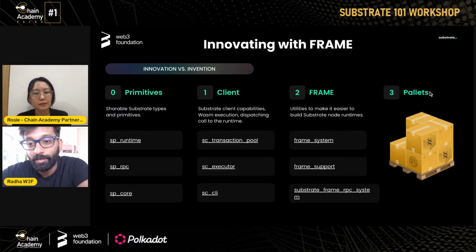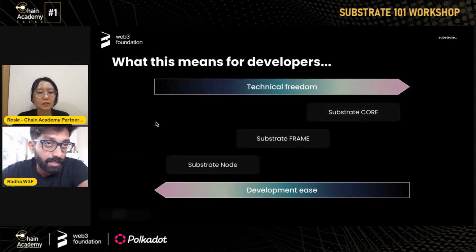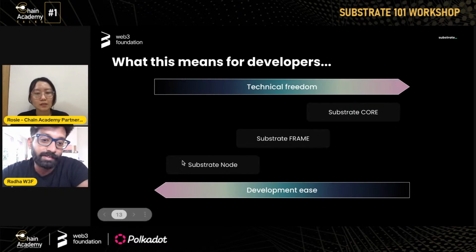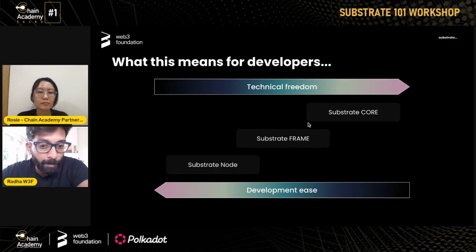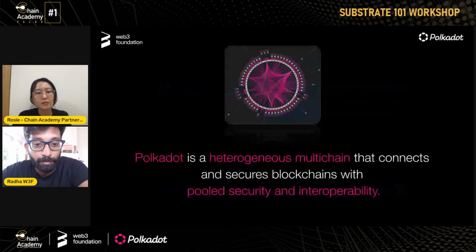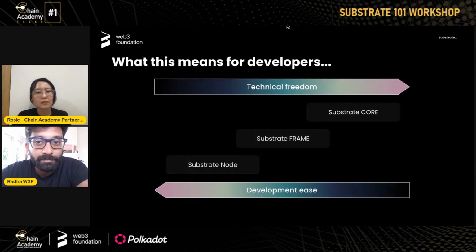Substrate FRAME is how these palettes are all composed together. So all of that code is in here. And yeah, that should give more insight into what I showed earlier. You start here with the Substrate node, you mess around with Substrate FRAME and palettes, and then look into Substrate core aspects.